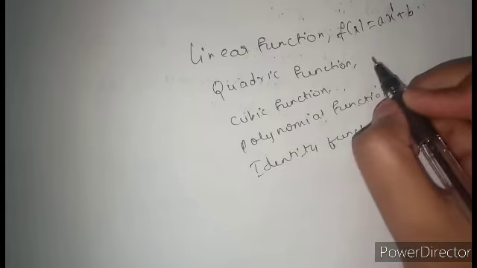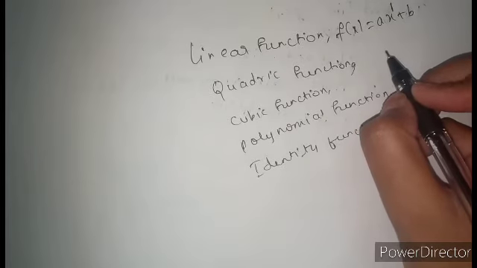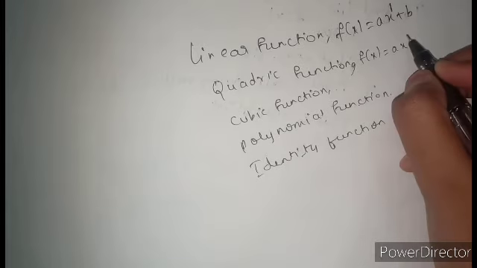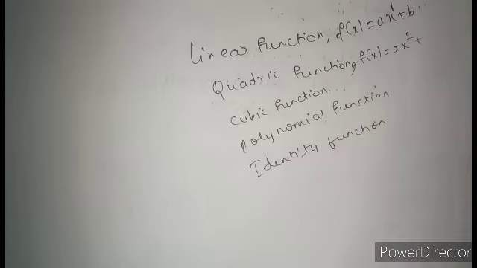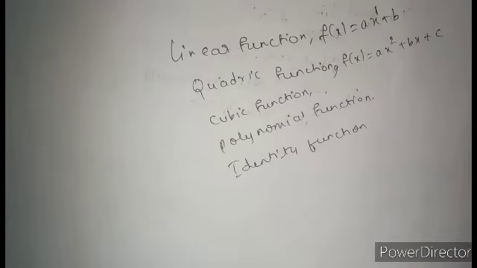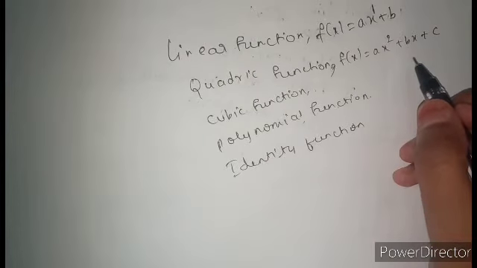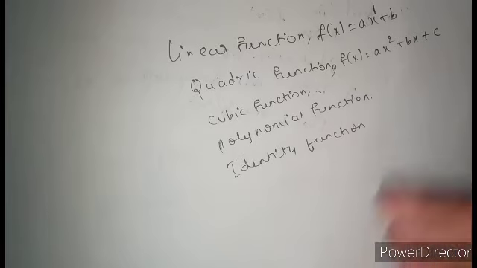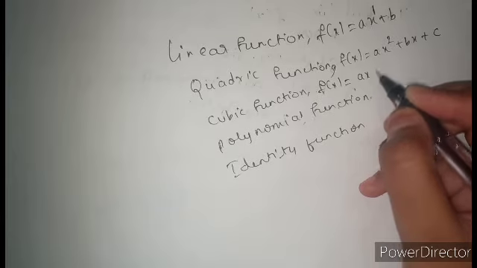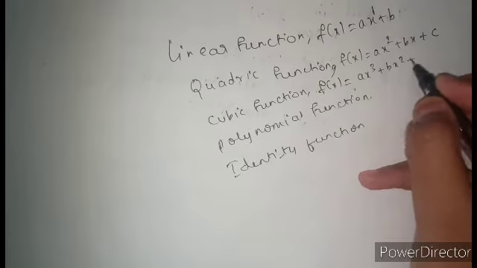Now coming to quadratic function. A quadratic function is nothing but a function whose degree is 2. ax squared plus bx plus c. This is how we write a quadratic function, right? Now cubic function, a function whose highest power is 3 is called a cubic function, right?